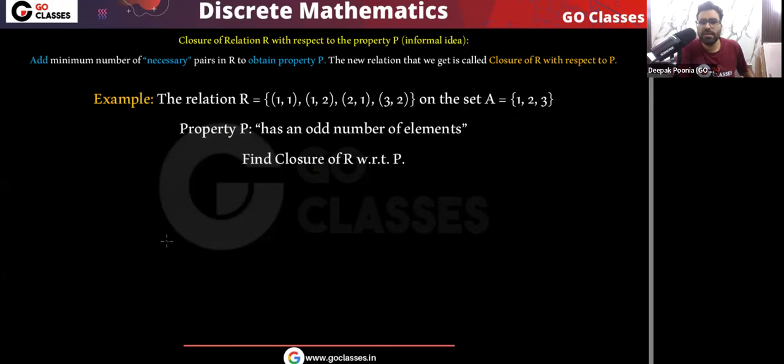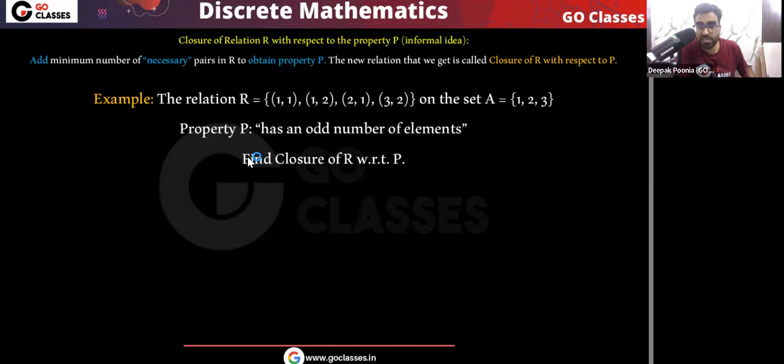Okay. So one thing is clear. If I want to satisfy this property P by adding the minimum number of pairs in this relation R, only one pair I need to add. That is clear, right? Adding one pair is clear to us. But which pair will you add?